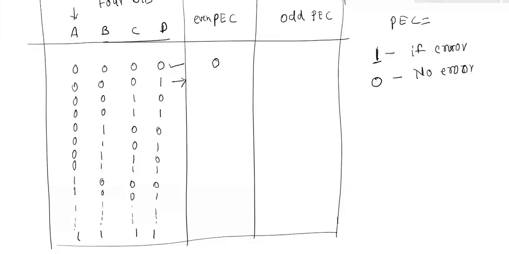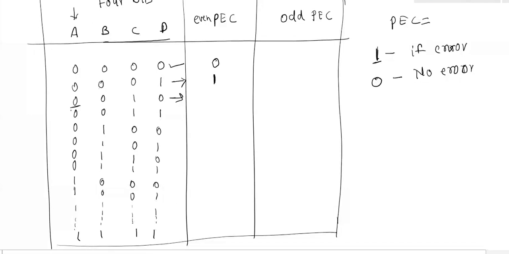Then if data loss is there, the even parity checker is generating an error, and that error is indicated with the parity error check bit as a 1. Clear? Now the next one 0 0 1 0. Number of ones received is 1. 1 is an odd number, but as it is an even parity checker, and here you can see the first bit is a 0. 0 means what? The number of ones available in the data is even.